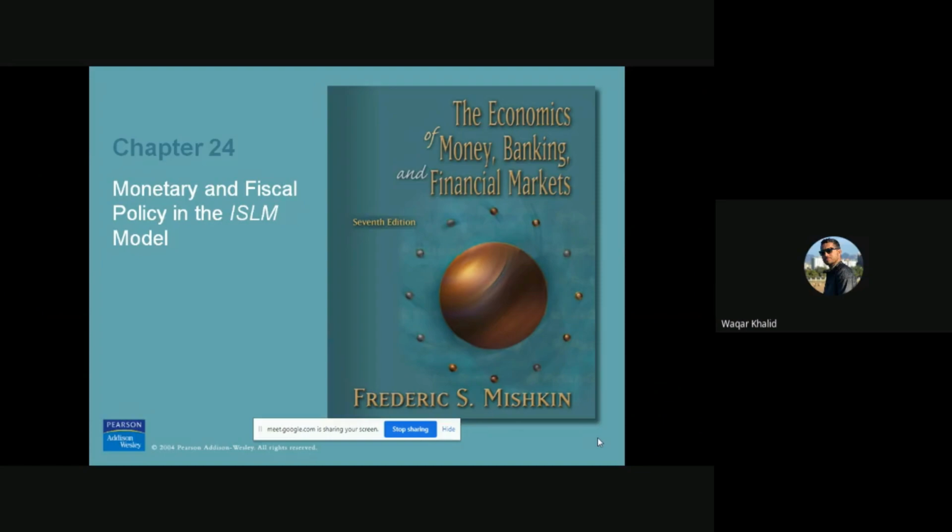So, in monetary policy, the policymakers have two instruments or two policy steps. Number one, changing the interest rate. Number two, changing the money supply. And the second important set of tools is known as fiscal policy.